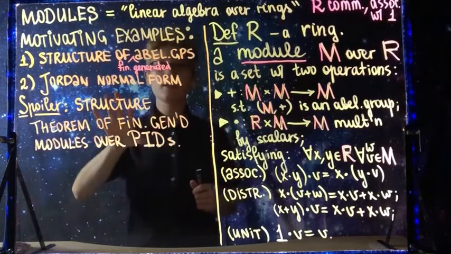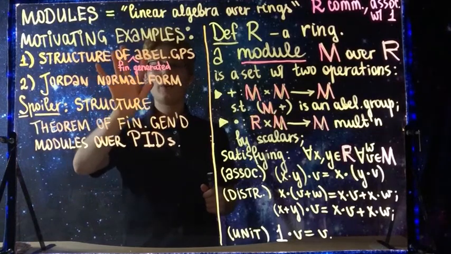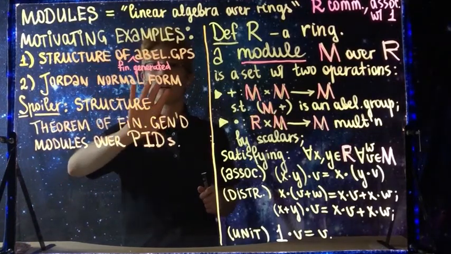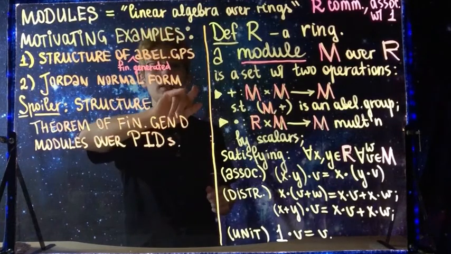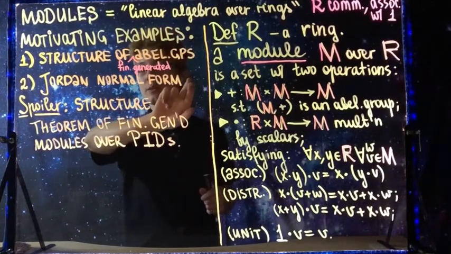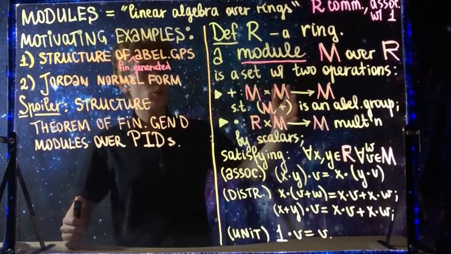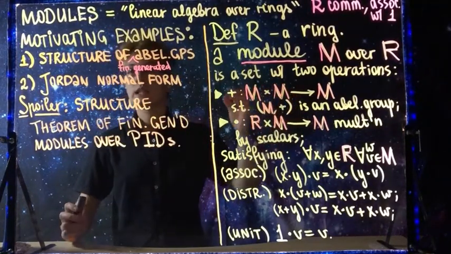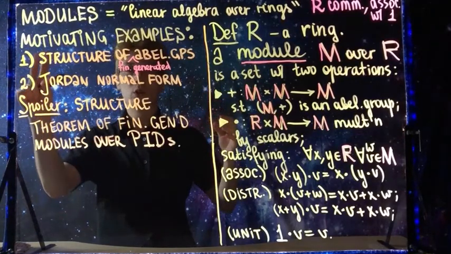And this is pretty cool because on the first glance, abelian groups are very different from linear operators acting on vector spaces. But nevertheless, this more general viewpoint allows us to view these two examples as facets of one phenomenon.